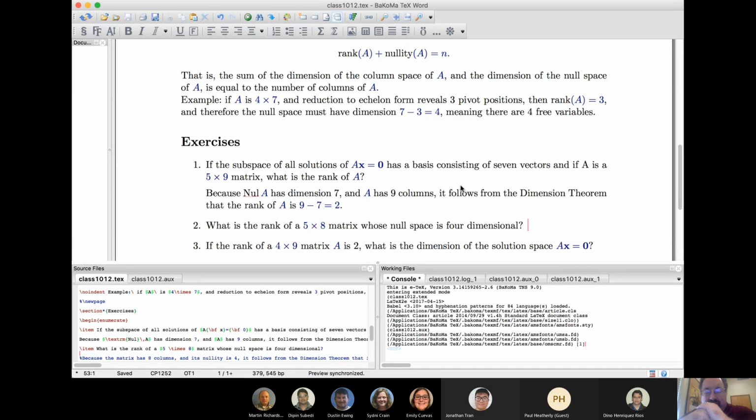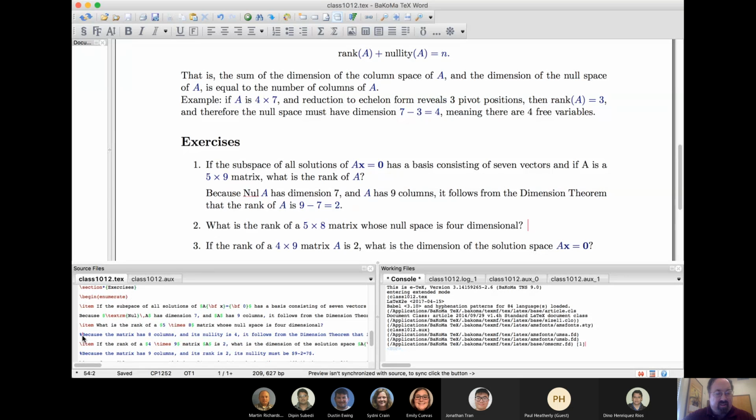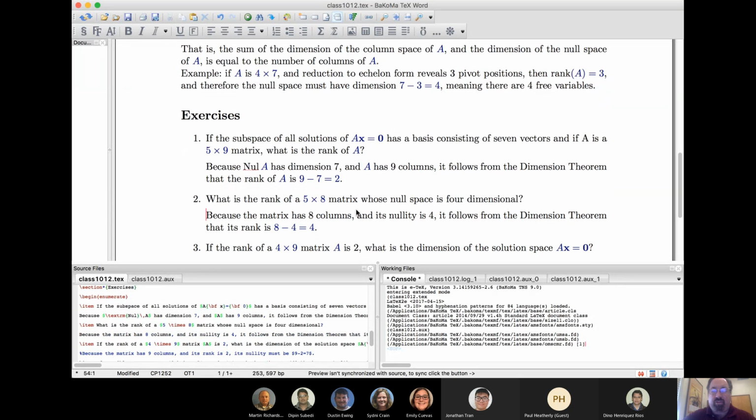Same idea. Is it 4? Yes, it's 4. Okay, so 8 columns total. Nullity is 4. That gets subtracted off, and what's left goes into the rank.